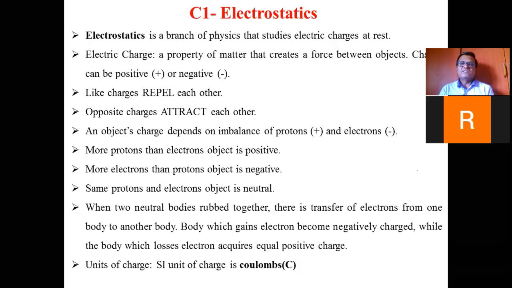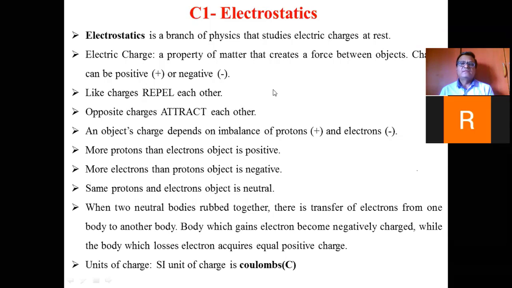If there are a large number of electrons as compared to protons, such a matter becomes negatively charged because negative charge is more. Or if there are fewer electrons as compared to protons, then such a matter becomes positively charged. In this way, there are positive charges and negative charges.